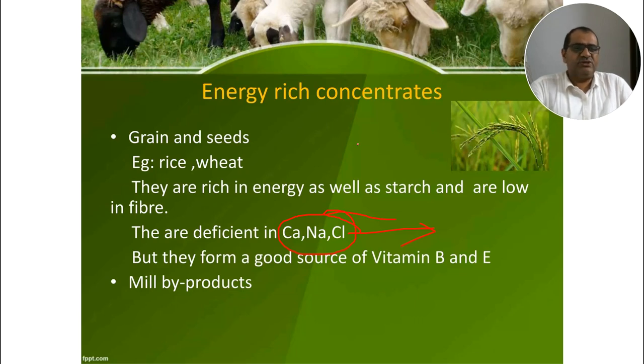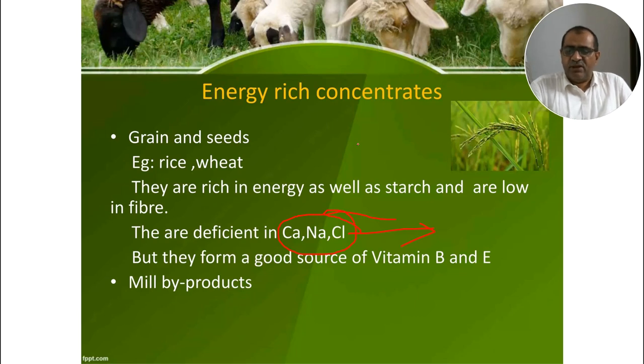Anything discarded from human use can become cattle feed, and even though rice and wheat are very rich in energy, they cannot be fed as such to the cattle.